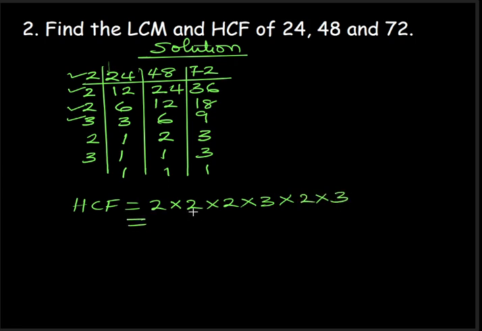So 2 times 2, 4. 4 times 2, 8. 8 times 3, 24. 24 times 2, 48. 48 times 3, that should be 144.